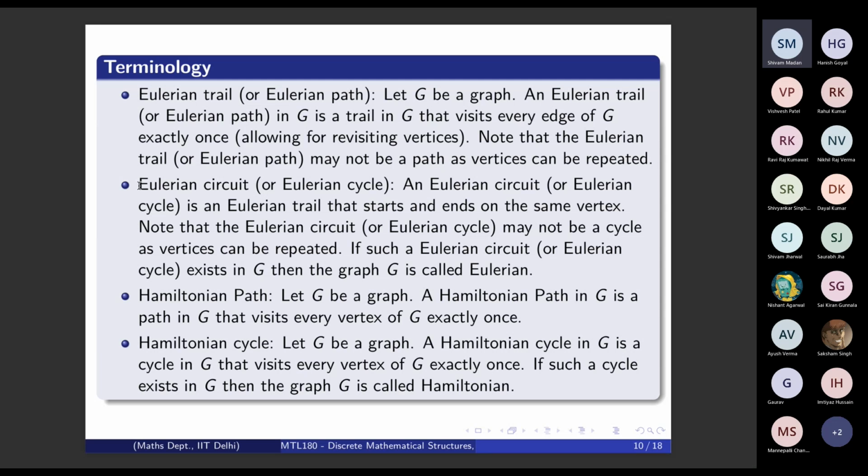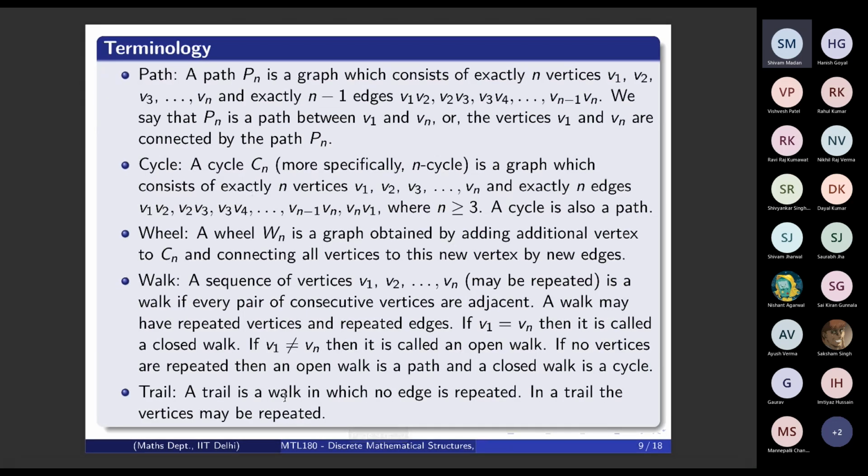Now similarly, one can define an Eulerian circuit. So what is an Eulerian circuit? Sir, what is the difference between an Eulerian trail and a normal trail that we were talking about in the previous slide? A trail means it is just a trail.